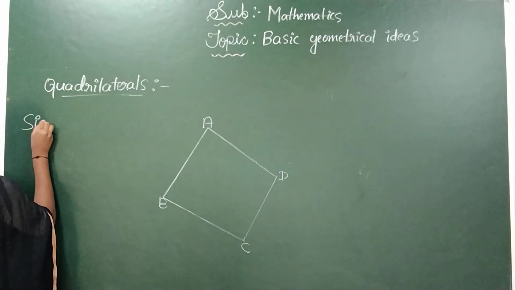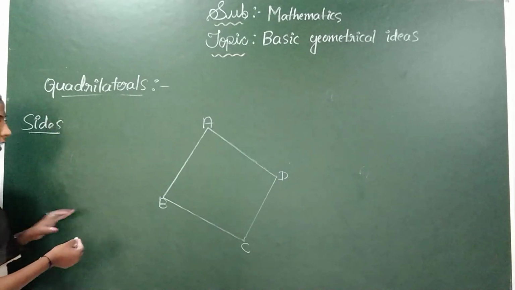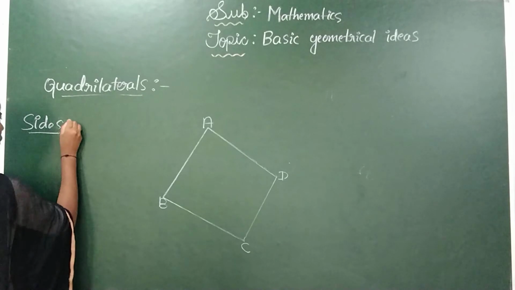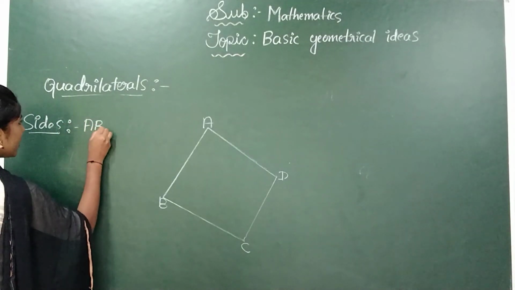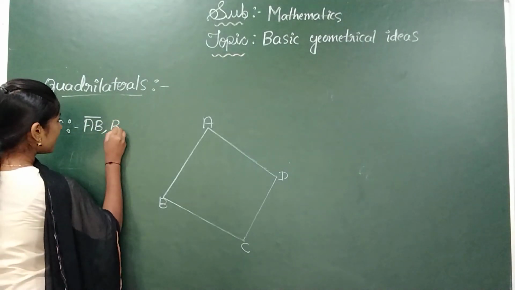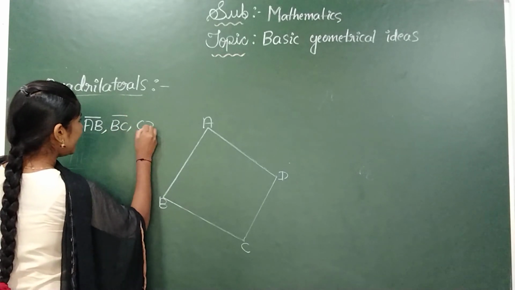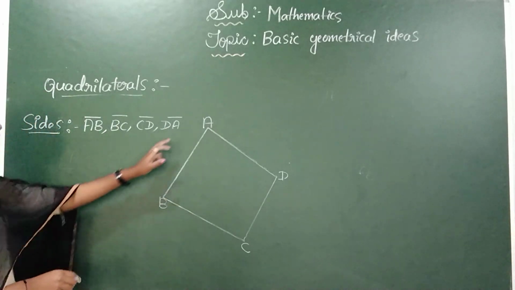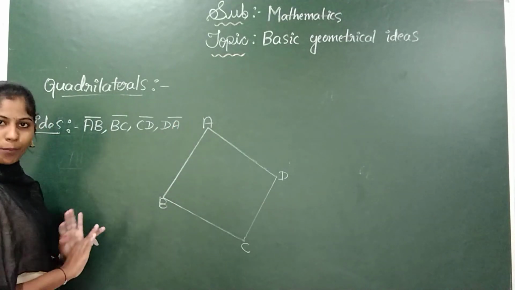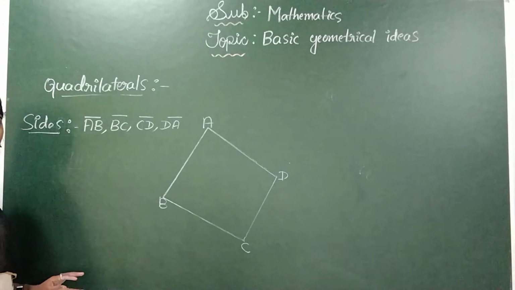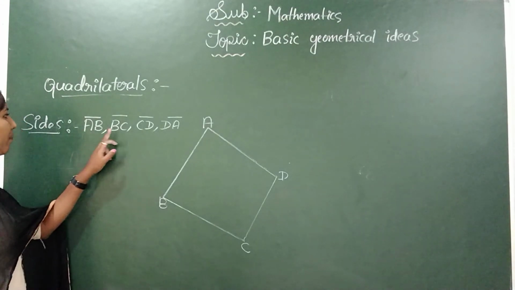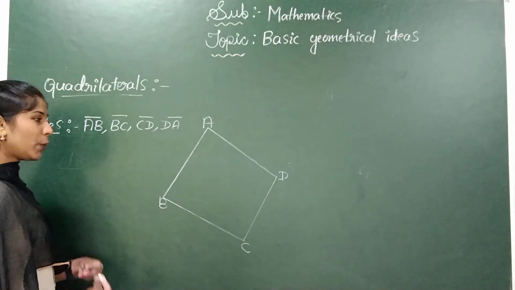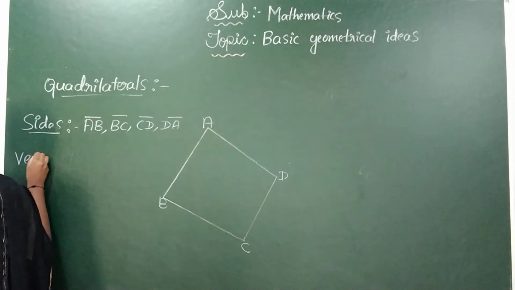So the polygon is a closed figure made by line segments. AB is a side or BA is a side, both are the same. So what are the sides of this quadrilateral? AB, BC, CD and DA.